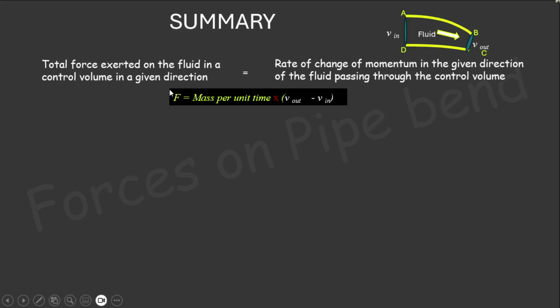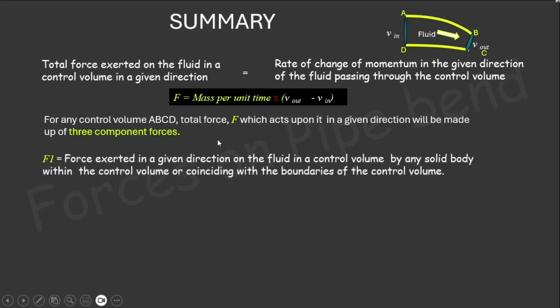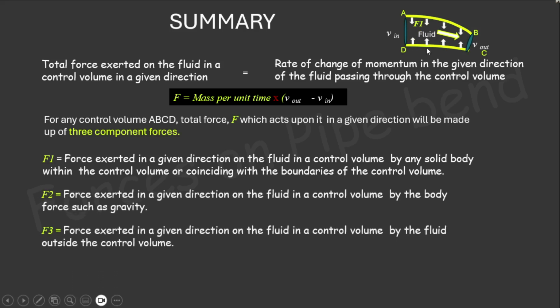The total force F acting on this fluid in a given direction is made up of three components. F1 is the force exerted by the solid boundary on this fluid, F2 is the force due to gravity, and F3 is the force exerted on the fluid by the fluid outside this control volume.